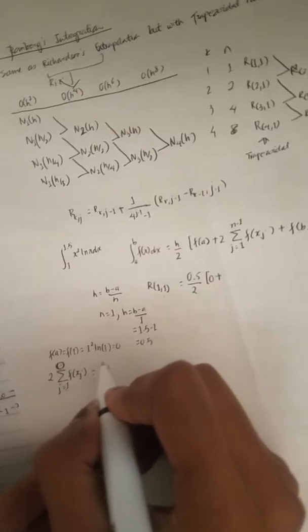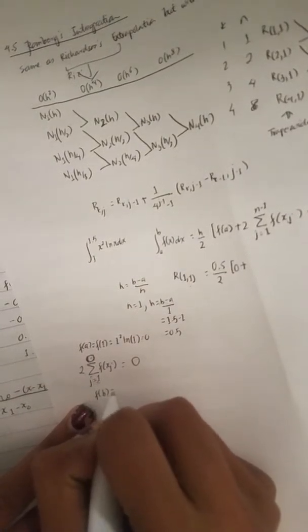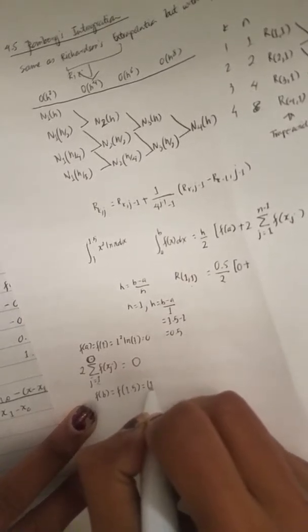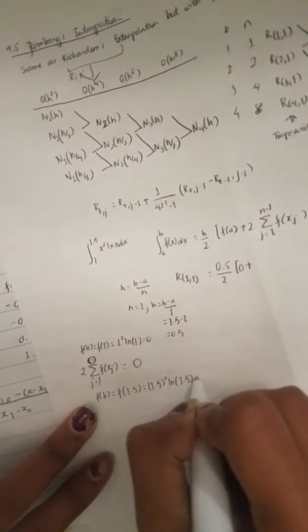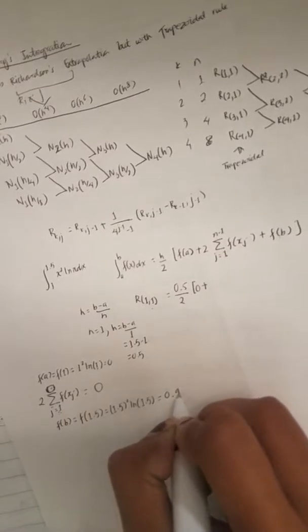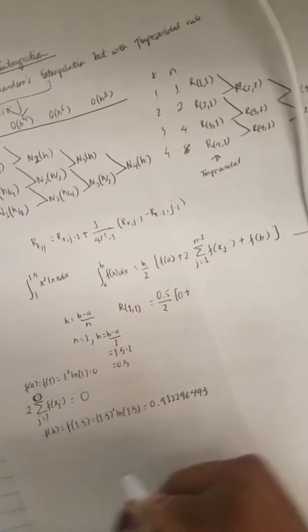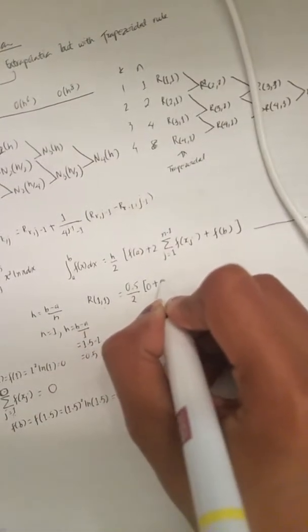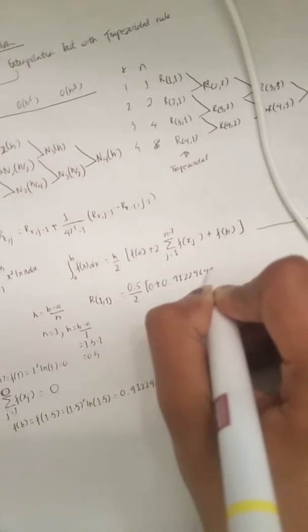Let's see, what's f of b? f of b would be f of 1.5, which is 1.5 squared ln 1.5, which is 0.912296493.